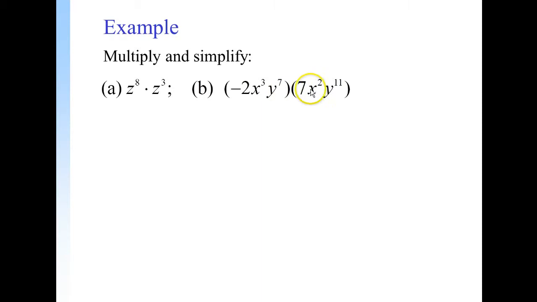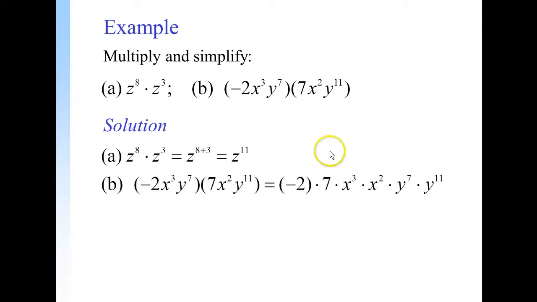Then x to the 5th, y to the 18th. And we'll see that. There's our first one. And there's our second one. So negative 14, x to the 5th, y to the 18th. We're just adding the exponents. We multiply the actual numbers, though.